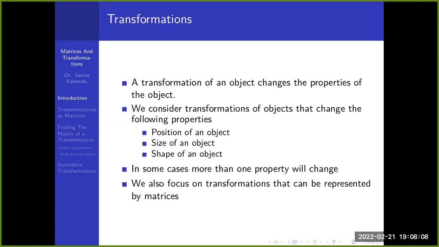So we shall also be a little restricted on transformations that can be represented as matrices. There are some that cannot be represented as matrices, but the ones we are considering will be those that, I don't know how to say it without talking about linear algebra, are what we would call linear transformations, and the ones that leave the origin fixed.